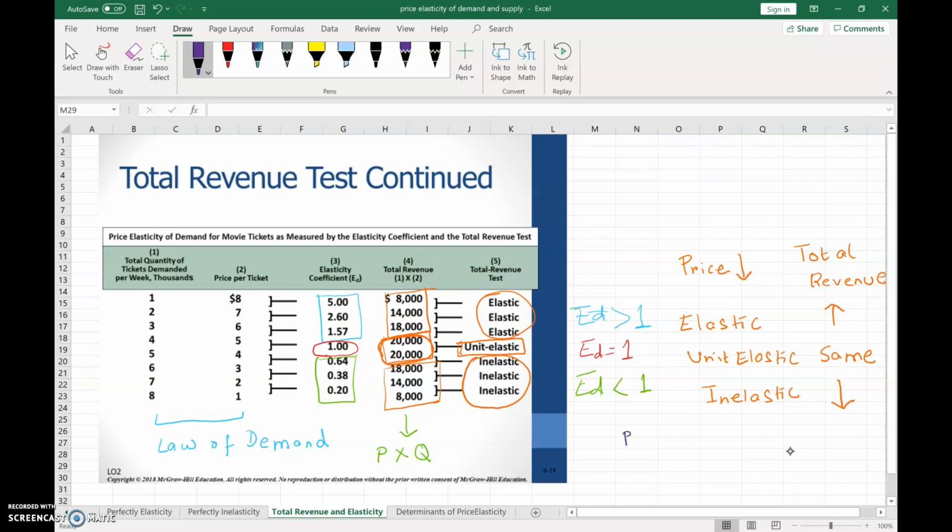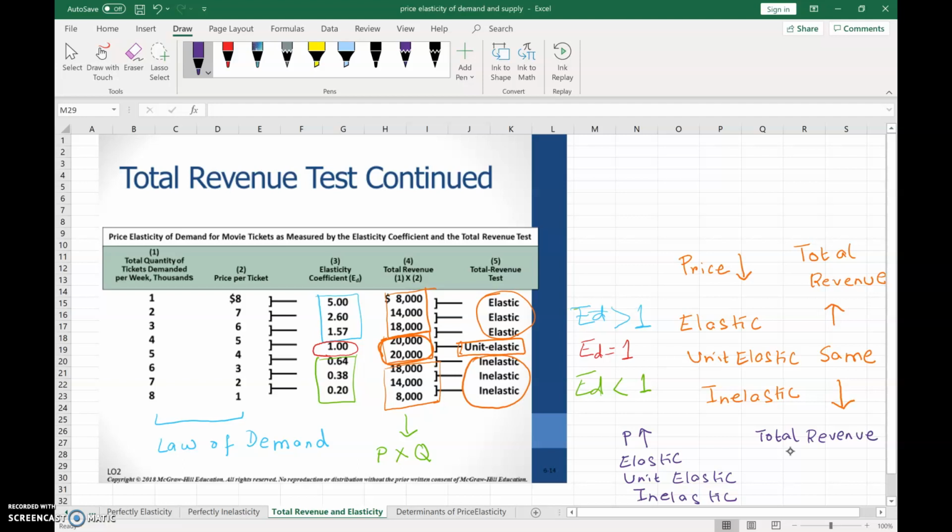What happens when price goes up and demand is elastic, unit elastic or inelastic? What will happen to total revenue? If you can take a hint from these examples here and give me your answer or think about it, that will be great.